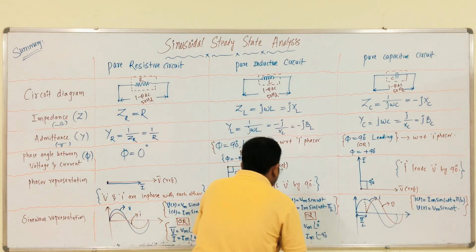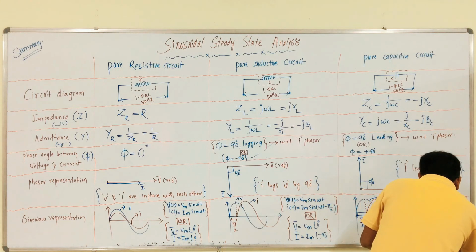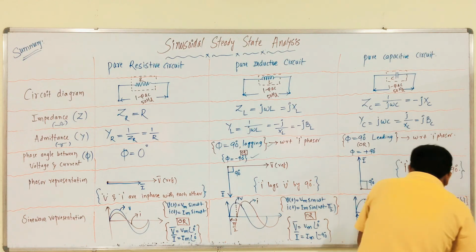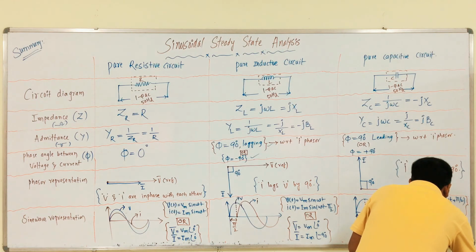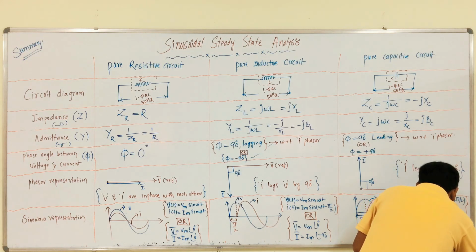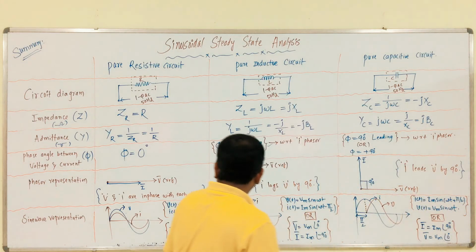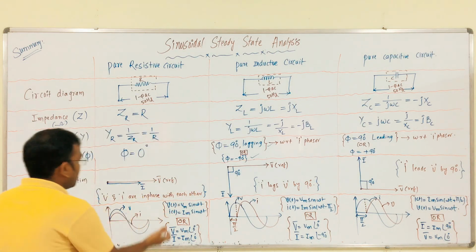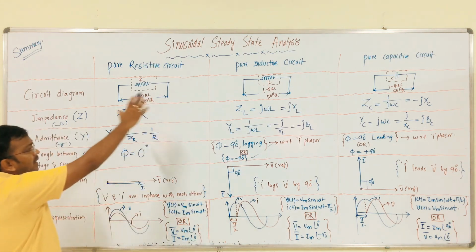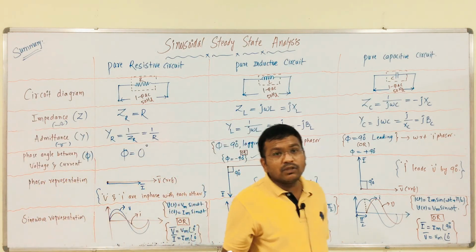Clear? Now Im at an angle 90, Vm at an angle 0, right? This is time domain and frequency domain. This is the representation for every circuit: pure resistive circuit, inductive circuit, capacitive circuit.